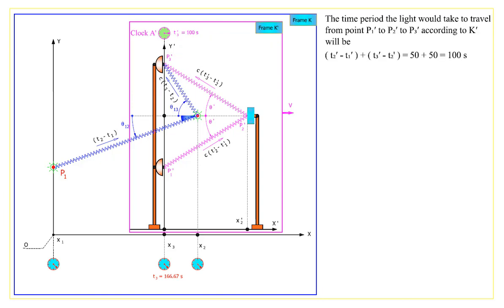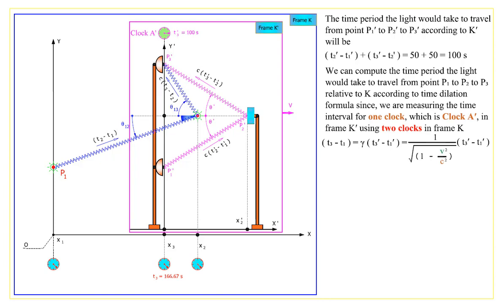The time the light takes to travel from point P'1 to P'2 to P'3 according to K' is T'3 minus T'1 equals 50 plus 50 equals 100 seconds.